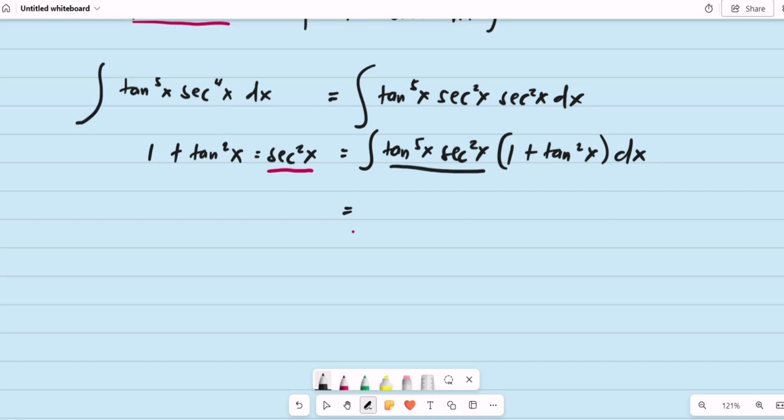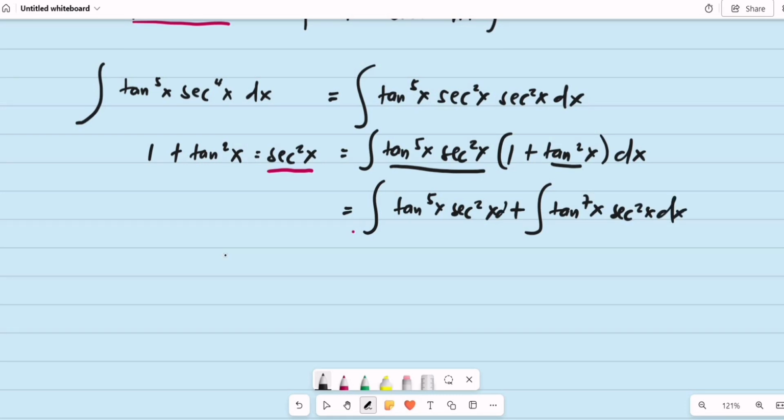All we have to do now is distribute this term. So we have that as equal to the integral of tangent raised to 5 of x, then secant squared of x multiplied by 1, plus the integral of tangent raised to 5 x multiplied by tangent squared x. That is the same as tangent raised to 7 of x, then we have the secant squared of x dx.